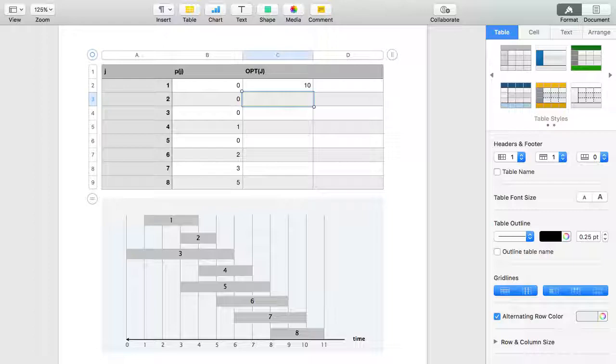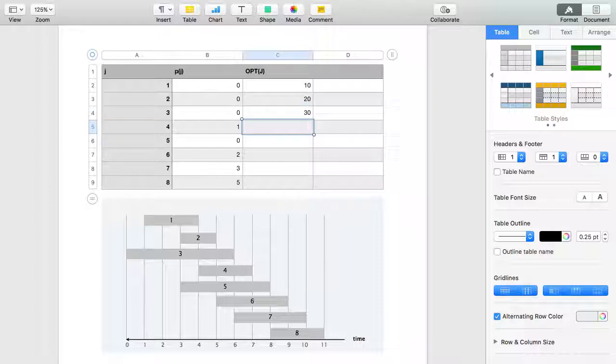If I include it, it's 20 plus 0. If I don't include it, it is OPT of J minus 1, which is OPT of 1, which is 10. Which one is better? 20, so I'll choose 20. Now, how about 3? It's either OPT of 2, which is 20, or 30 plus OPT of 0. So it is 30, right?